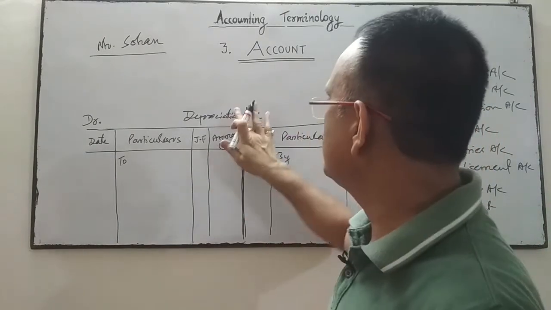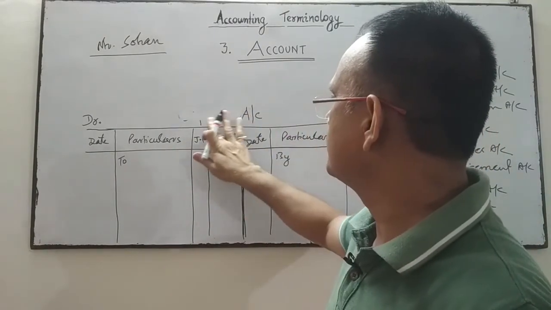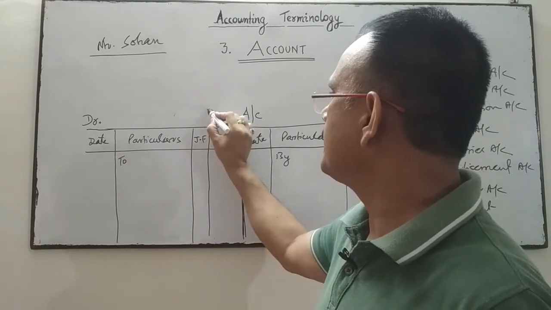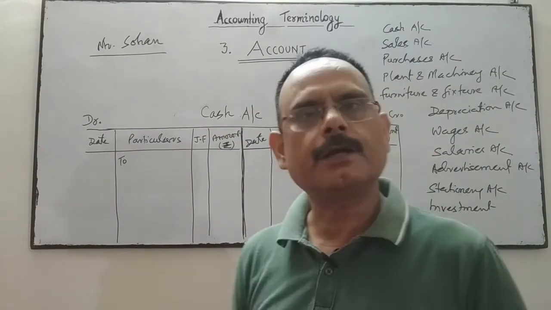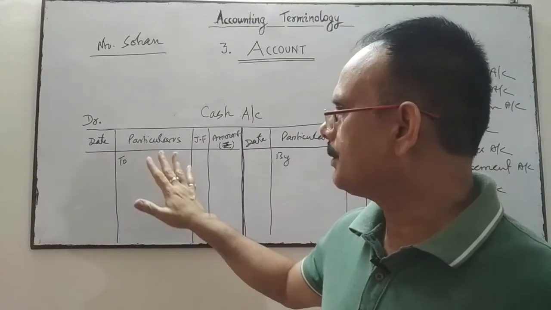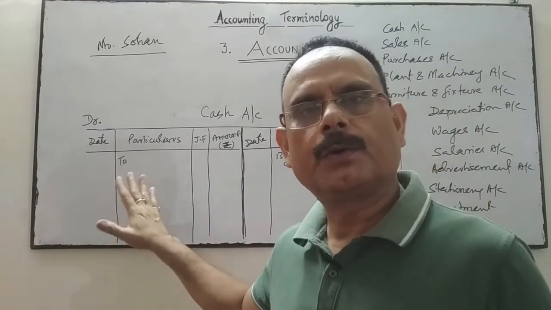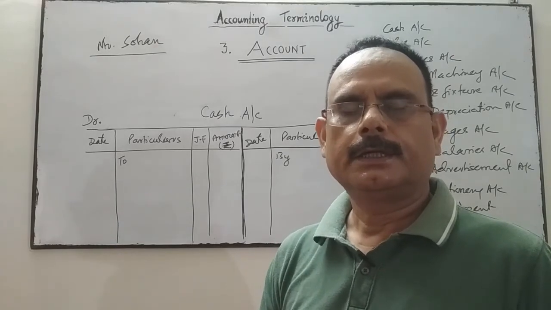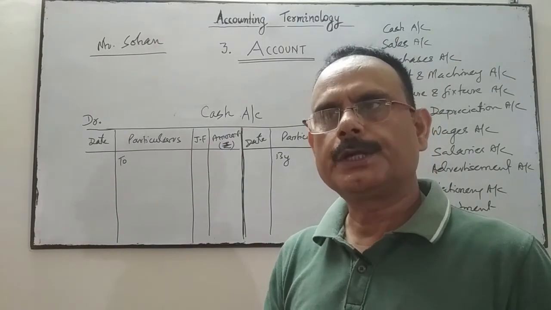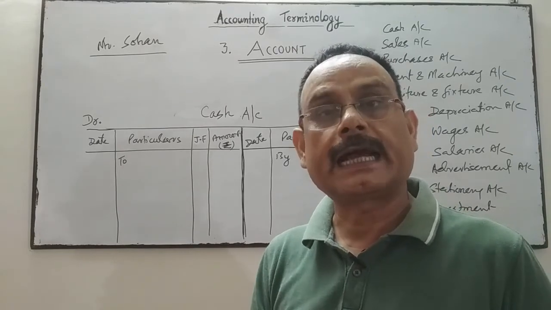If you want to see the information regarding cash, then you see the ledger of cash. All the information of cash will be shown over here. It is shown at one place. So no need to go here and there to find out the cash transactions.